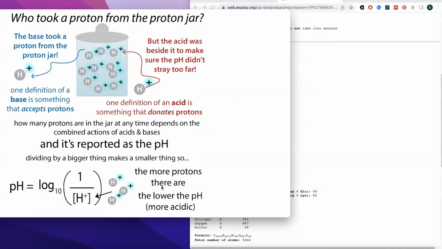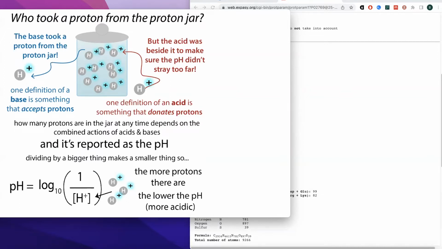Whether or not they're protonated or deprotonated is going to depend on how many protons are around. If there are a lot of protons around, they're more likely to be protonated, and thus positive or neutral, depending on whether you're going from the basic, where they'd be positive, or for the acidic, where they would be neutral. And we have a measure of how many protons there are around, which is the pH, the inverse log of the proton concentration.